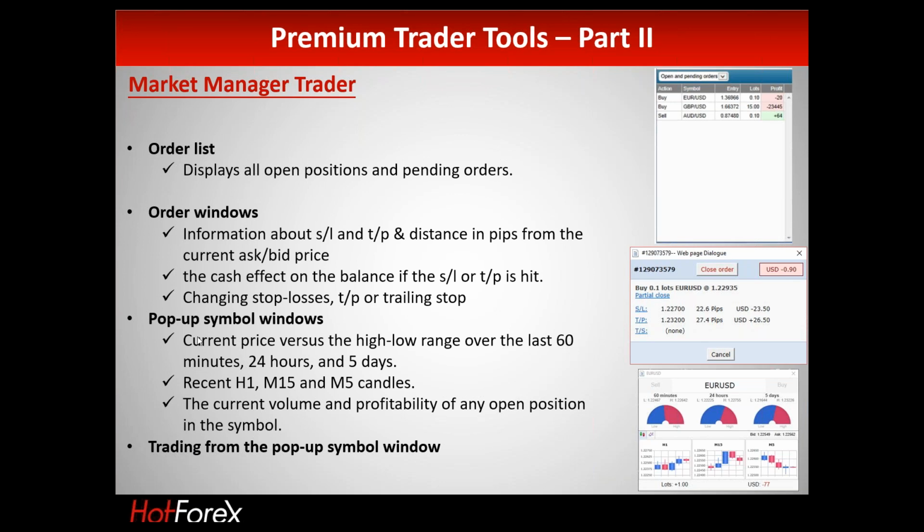So what you can see from this pop-up symbol window is the current price versus the high low range over, let's say, the last hours, the last 24 hours, the 5 days. There are different time frames that you can have, the current price versus the high and low range, and also the current volume and profitability of any open position in the symbol. So let's go back.